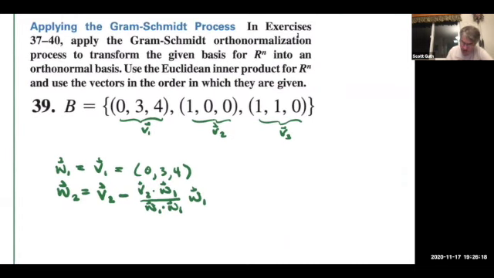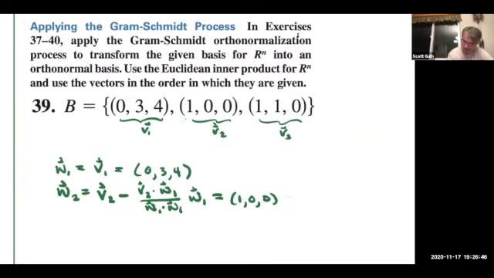And so you'll see that V2 dot W1 will be 0. With V2, we're just going to take 1, 0, 0. And V2 dotted with W1, you can just look at these two being dotted together, you'll get 0 out of that.